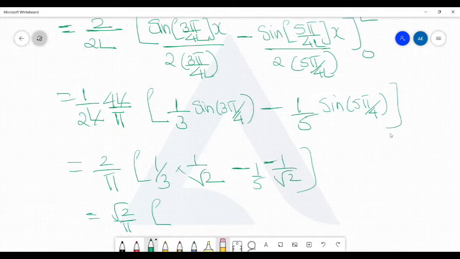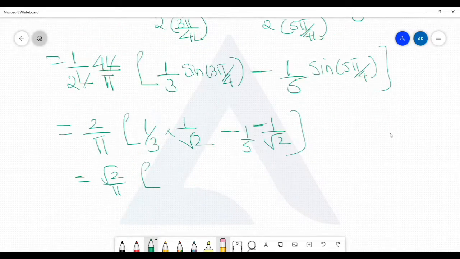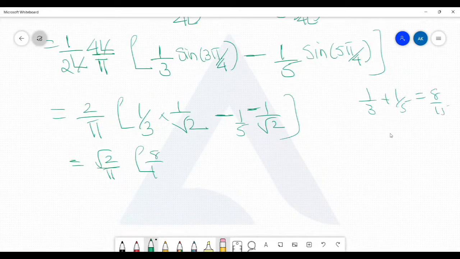What is 1 by 3 plus 1 by 5? That is 8 by 15. This is the probability amplitude, 8 root 2 by 15 pi. Now, what is the probability?